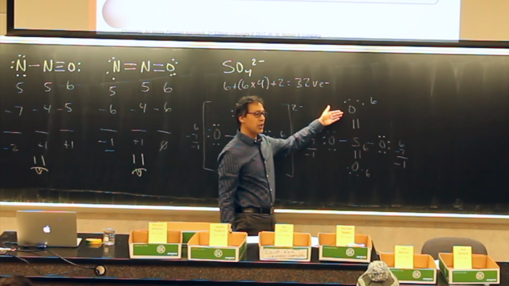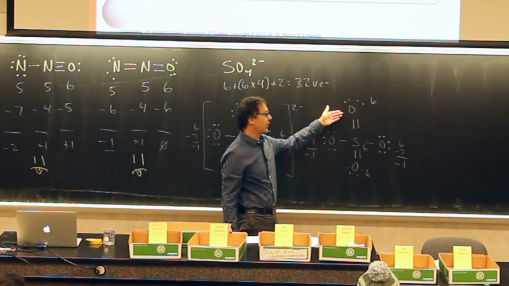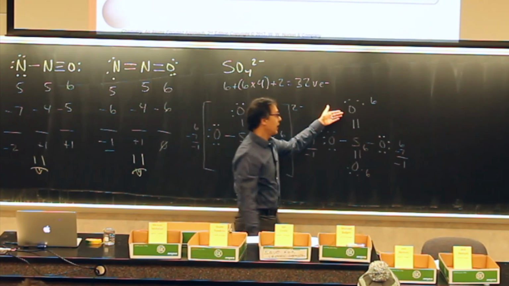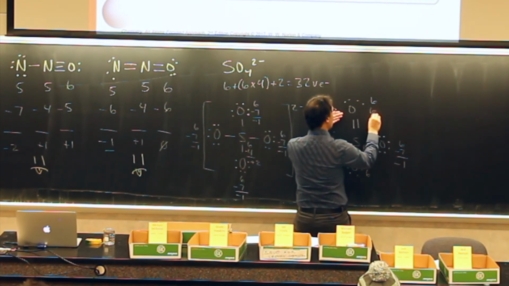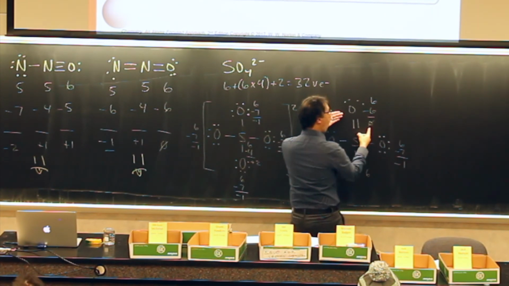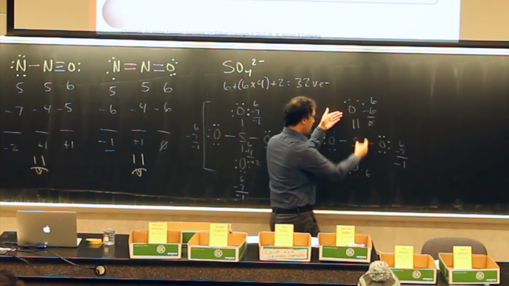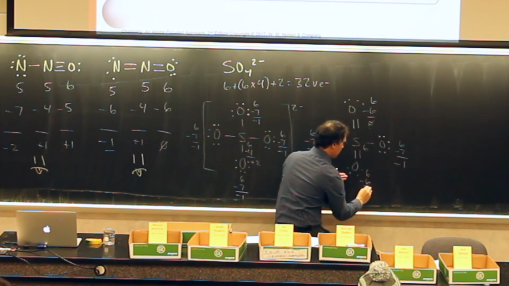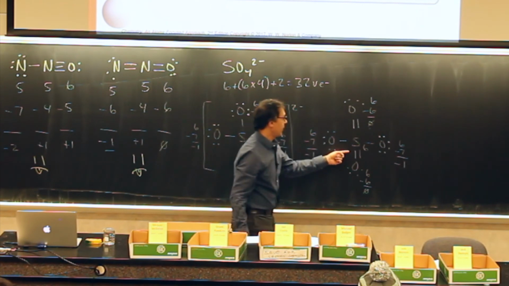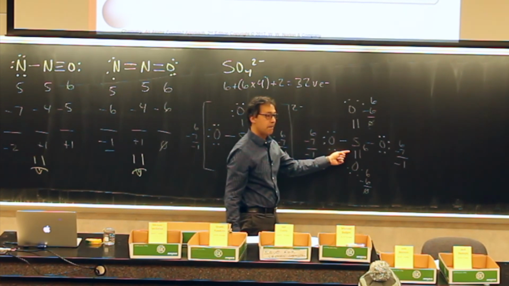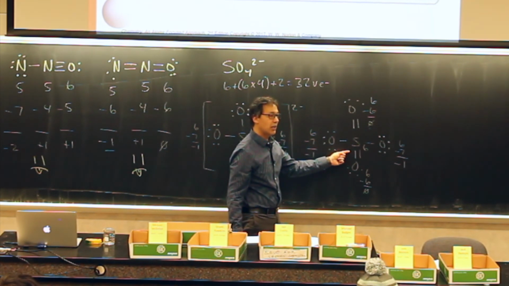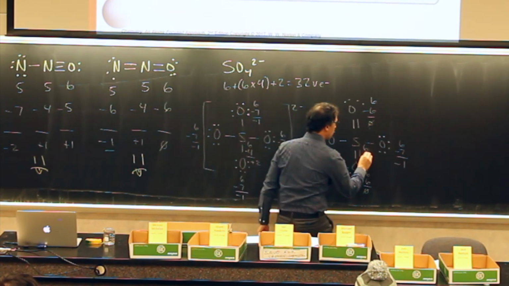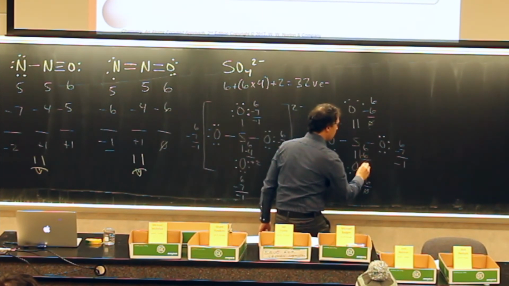How many associated electrons, Tally, do I have on that oxygen? 6. All right, so 6. Whoa. This is the same structure, so I'm just going to go 6 minus 6 gives me a 0. And then how about that sulfur? How many associated electrons on that sulfur? 6. Yep. So 6 minus 6 equals 0.